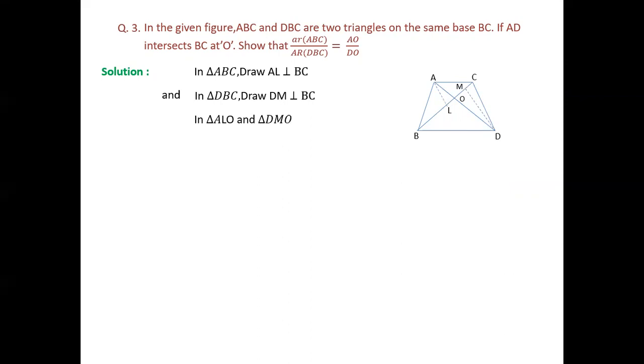Now, in triangle ALO, that means this small triangle, and DMO, these two triangles, angle ALO is equal to angle DMO is equal to 90 degrees, because we have constructed them 90 by construction. Clear? So this is 90, this is 90 by construction.